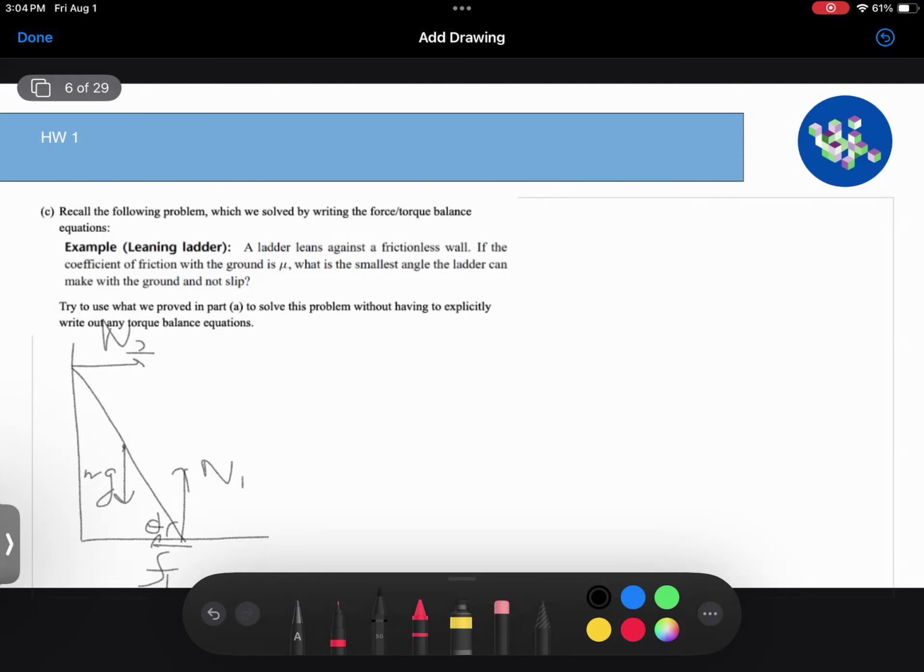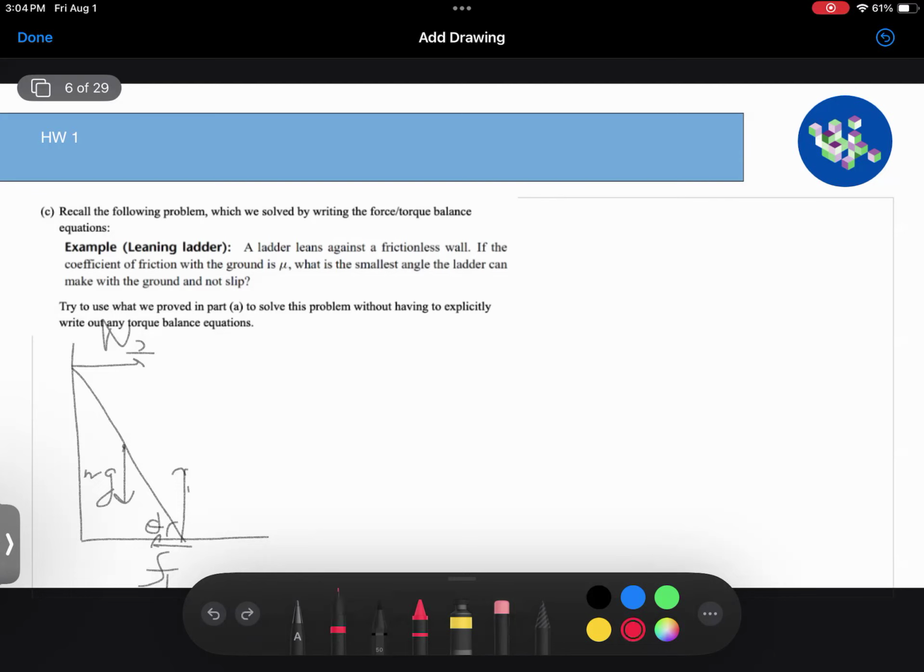We don't want to write out any torque balance equations, but first let's do some force balancing. If we do vertical force balance, then this N1 over here we can replace with gravity, because its magnitude is equal to the gravitational force.